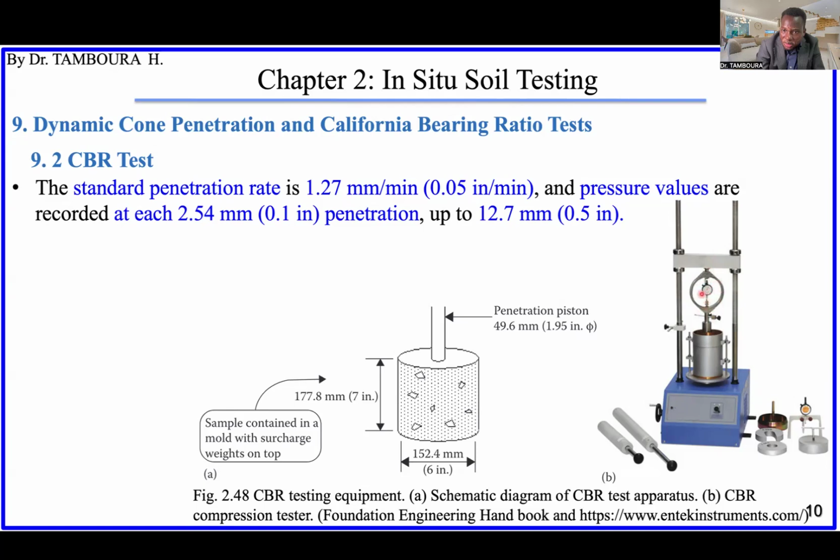You write pressure and penetration, and then you check what is the pressure corresponding to each 2.54 millimeter of penetration, up to the penetration of 0.5 inches or 12.7 millimeters. When you reach this penetration, then you stop.